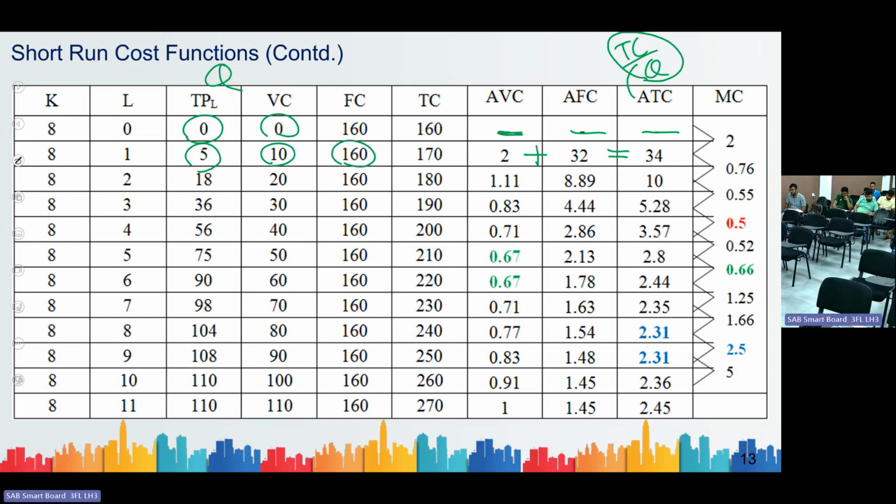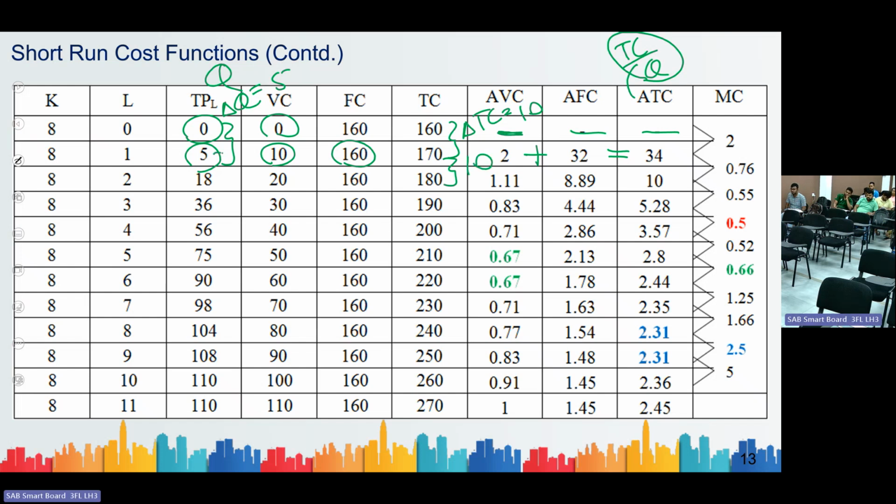So change in total cost here is 10. Change in output is 5. 10 divided by 5, it's 2. And next, total cost again changes by 10.